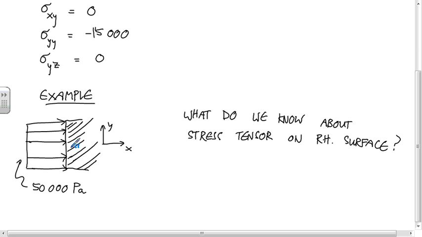Anybody want more time? Okay, so the stress tensor starts out totally unknown again.